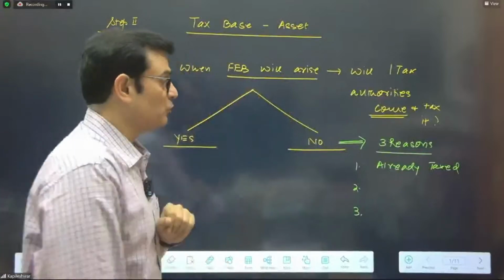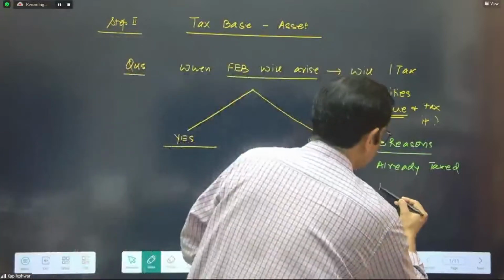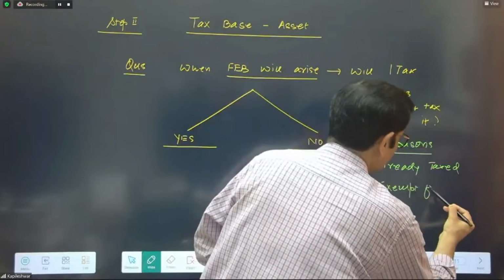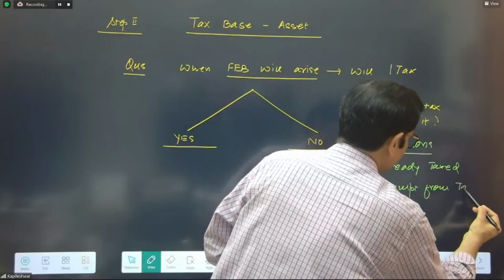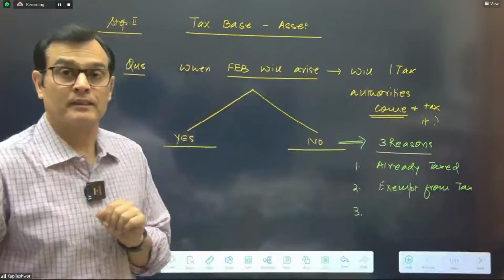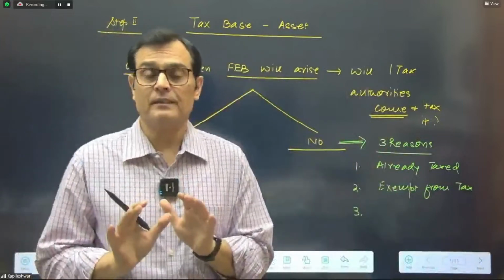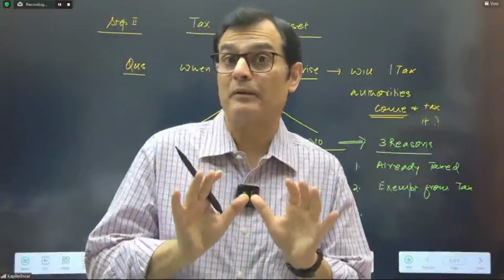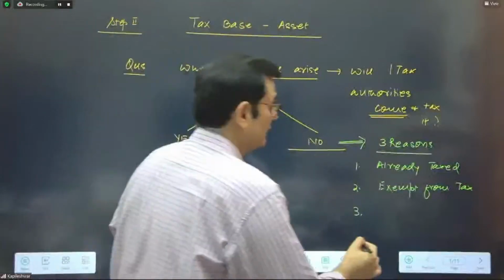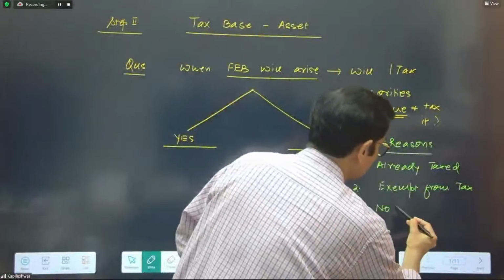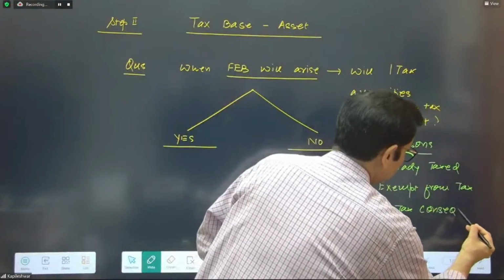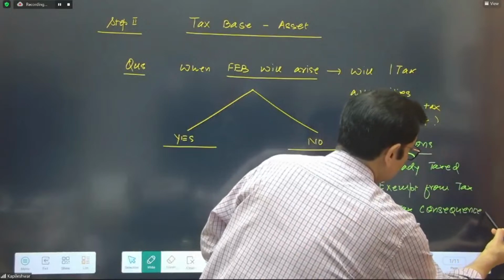The second reason could be that it is exempt from tax. The Income Tax Act tells me that this income is not taxable, so it is exempt from tax. Or the third one could be that it has got no tax consequences.